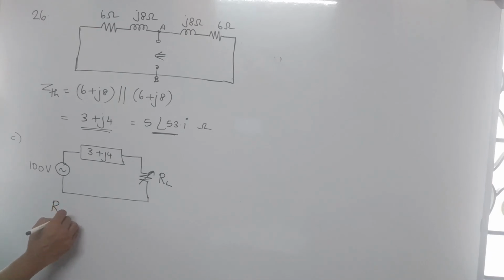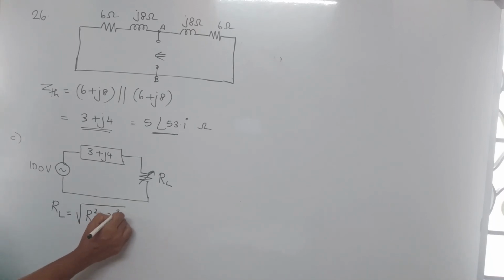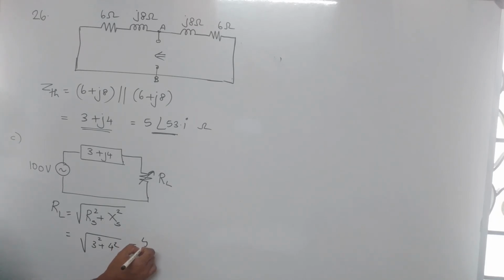This is case 3. RL is root of RS squared plus XS squared, which is root of 3 squared plus 4 squared, so we get RL equal to 5 ohm. So the final circuit will be as shown.